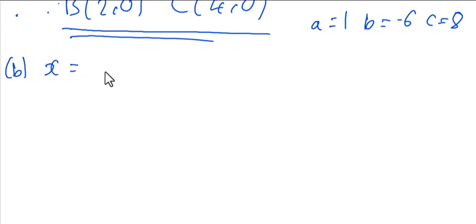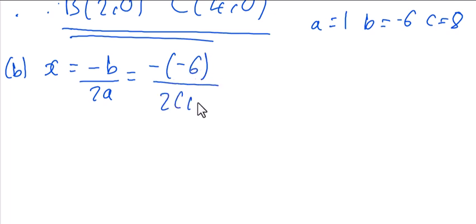So it's just a matter of substituting: negative of negative 6 over 2 multiplied by 1. Hence this is 6 over 2, which is equal to 3.